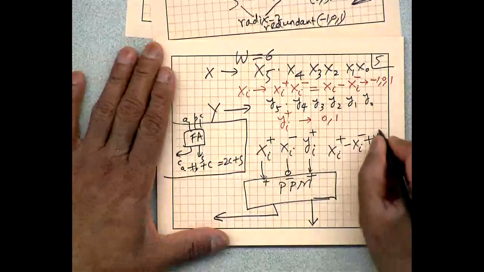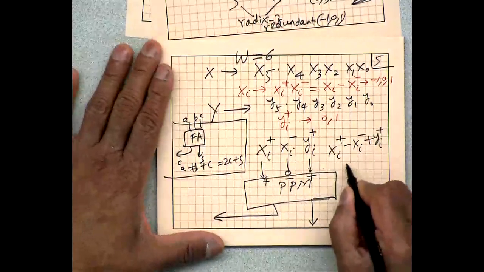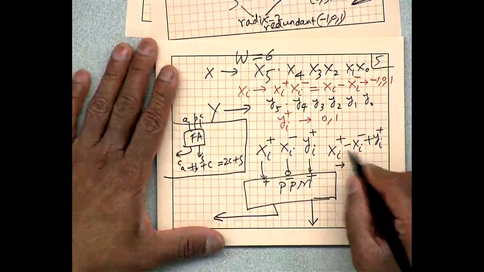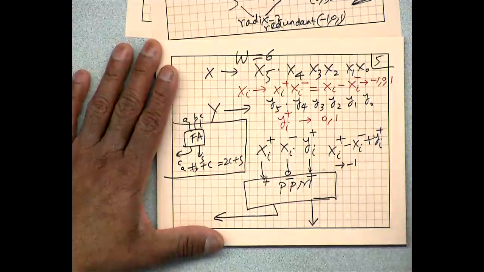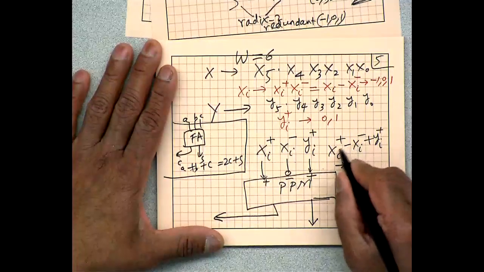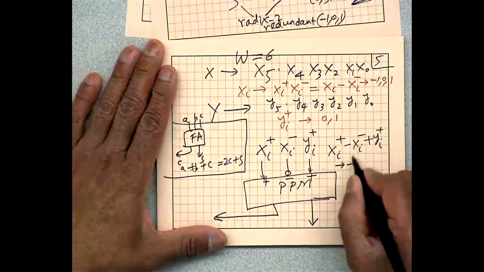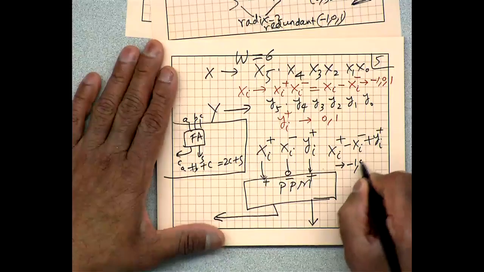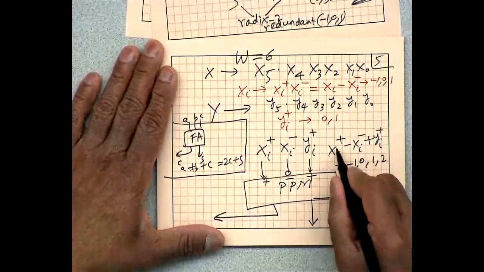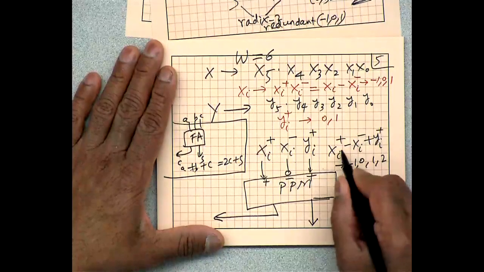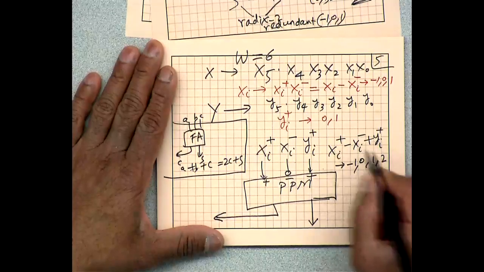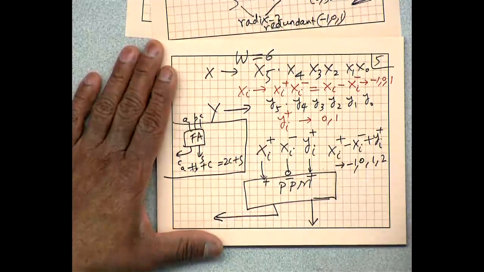Then this will lie in a range. The least value will be minus 1. So when the plus bits are 0, the minus bit is 1, so that's going to be minus 1. The largest positive value is going to be 2, when the two positively weighted bits are 1 and 1 and the negative bit is 0, 1 plus 1, 2 minus 0.